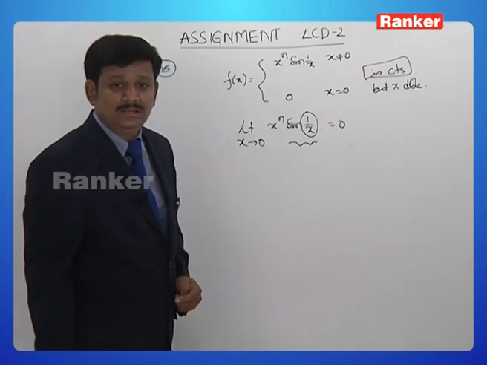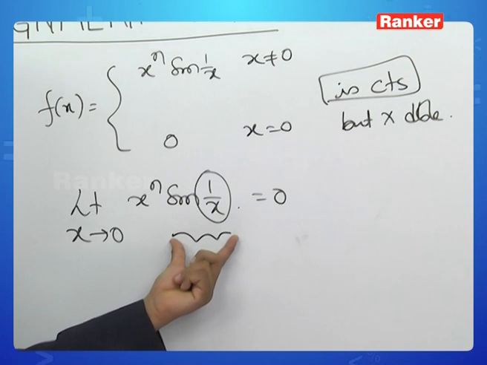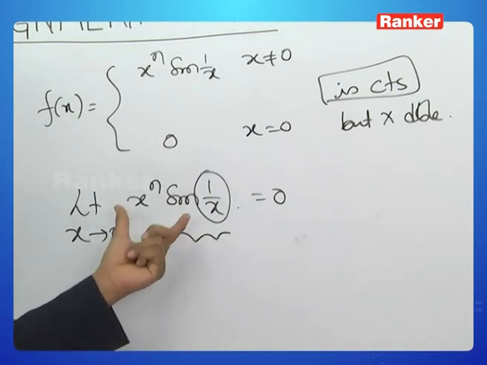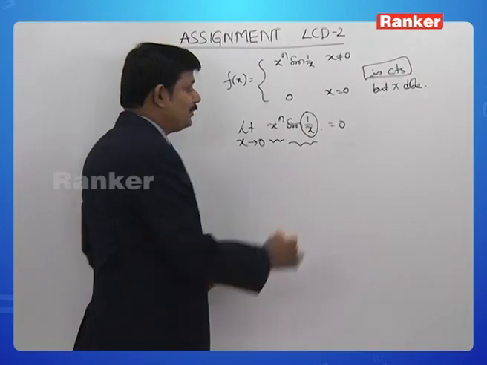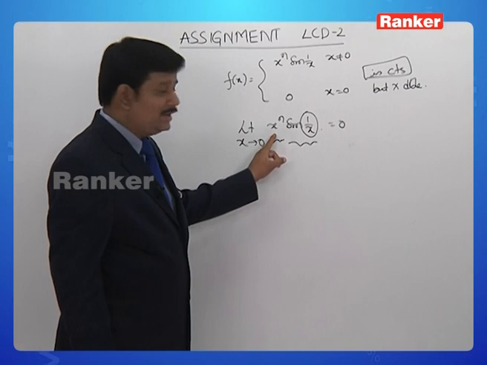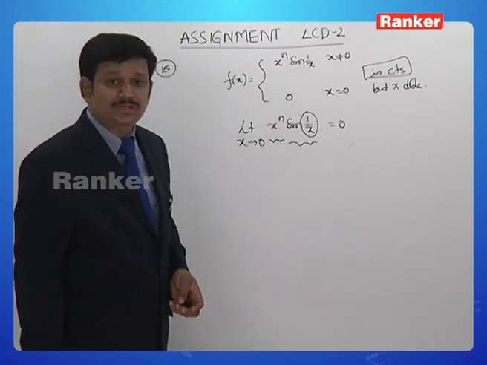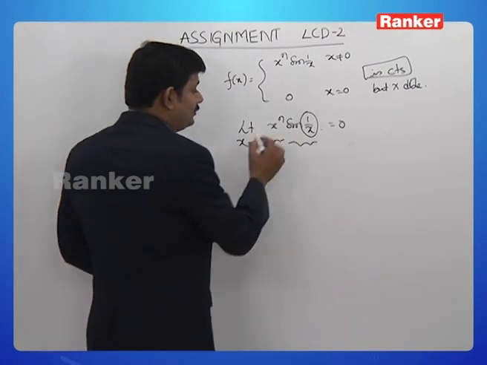We are not certain what it is going to be, but we are sure that it lies between minus 1 and 1. So, for this product to be 0, it is compulsory that x power n has to tend to 0. As x tends to 0, x power n should also tend to 0, and this is possible only when n is any positive number.